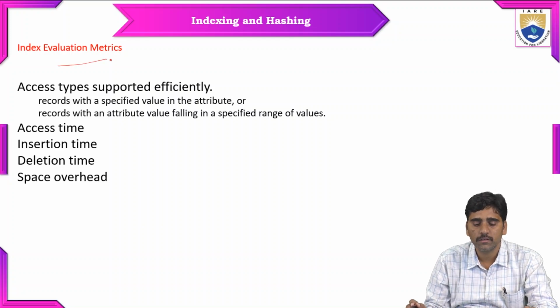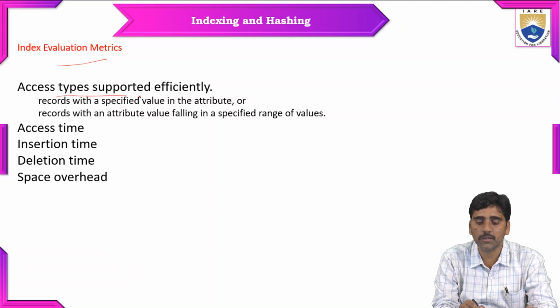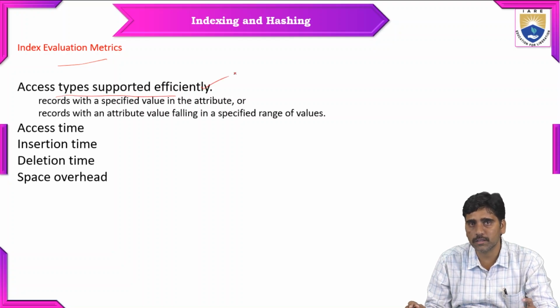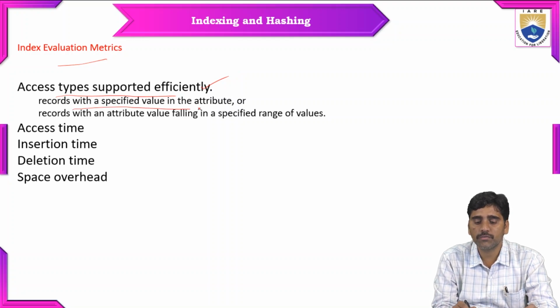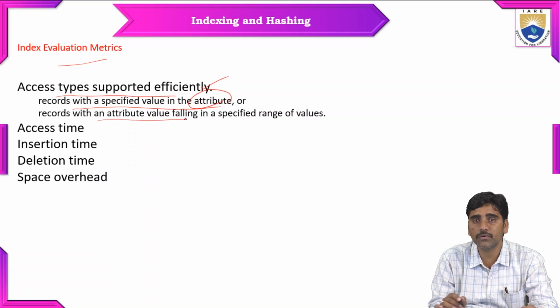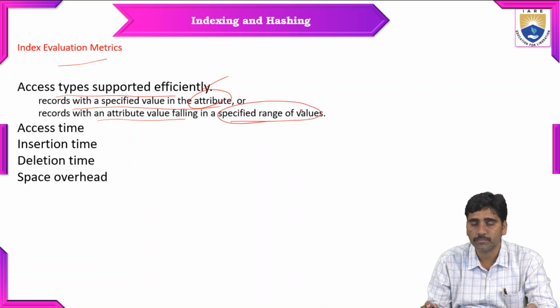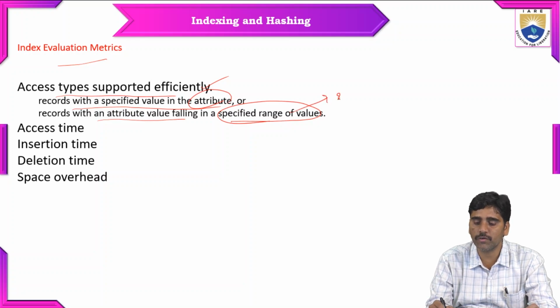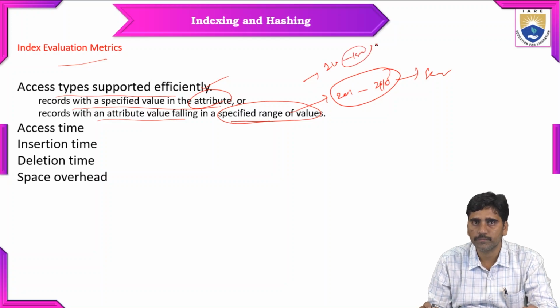First, access types that are supported efficiently: records with a specified value in the attribute, or records with an attribute value falling in a specified range of values. For a specified range of values like 201 to 210, one key can be used, or else for every record we can have a separate search key.